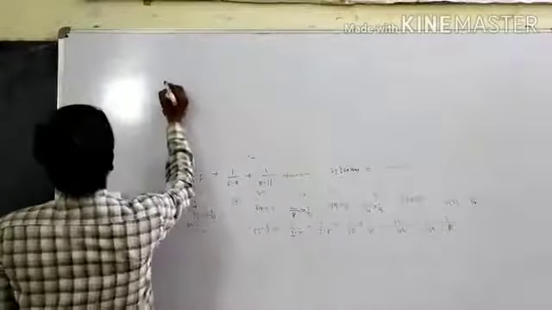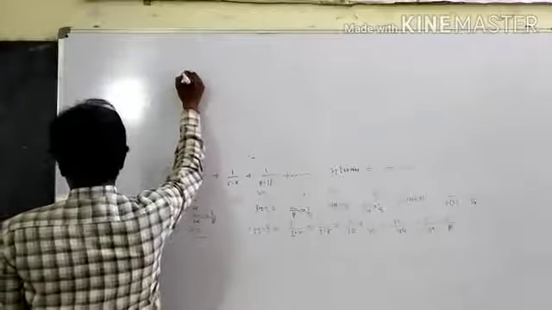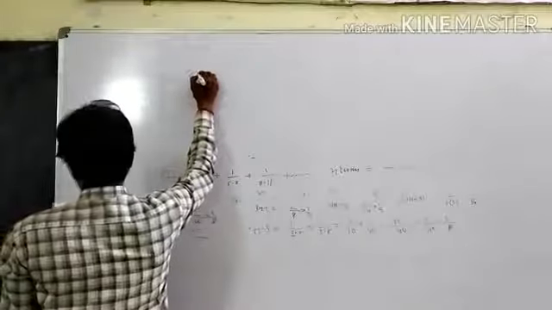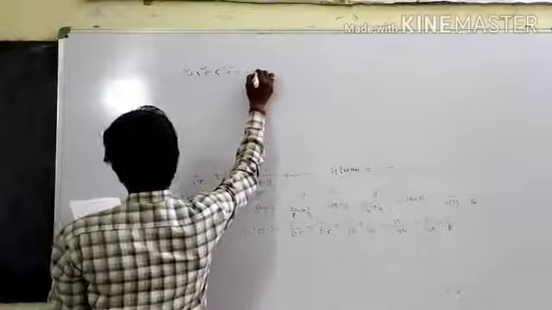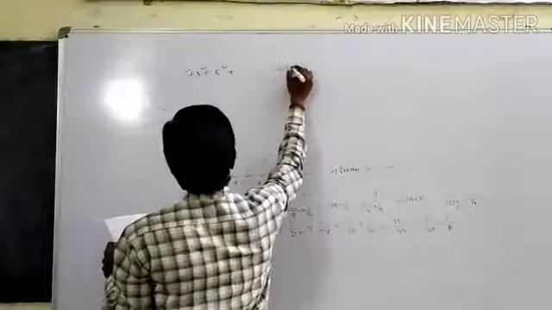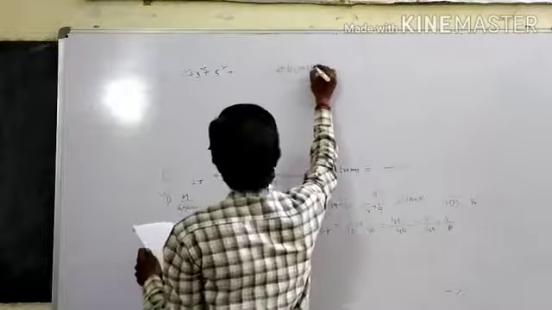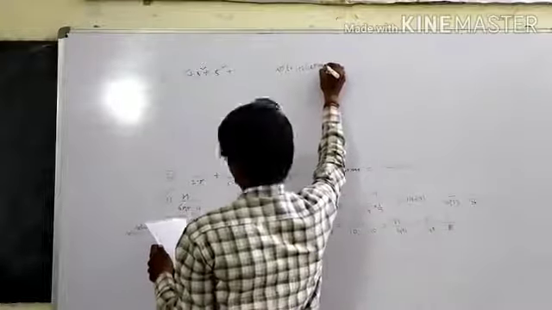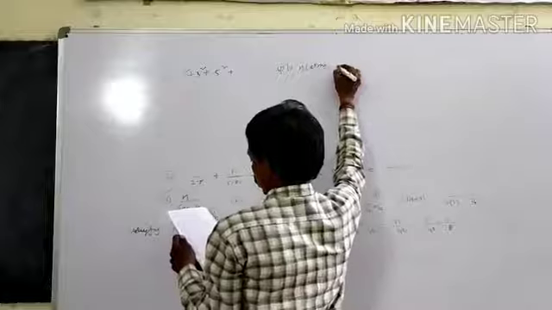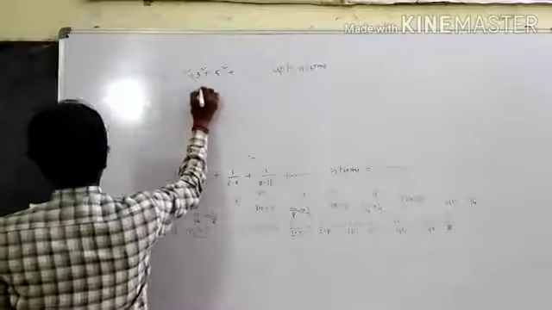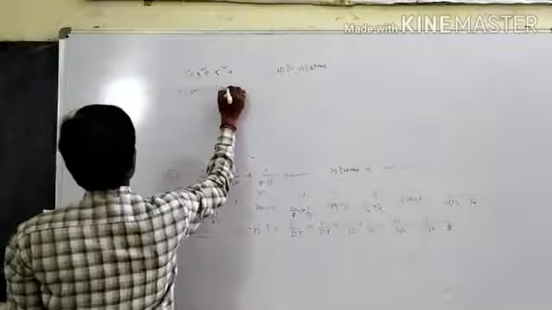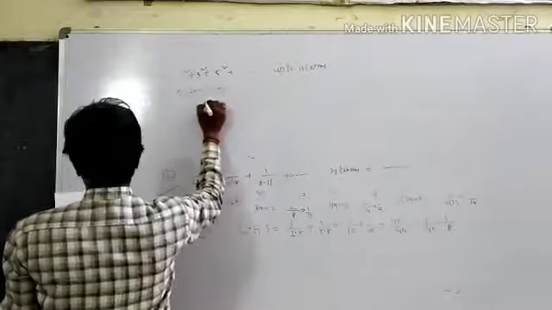1 square plus 3 square plus 5 square and so on up to n terms. First one is n into 2n minus 1, 2n plus 1 by 6.